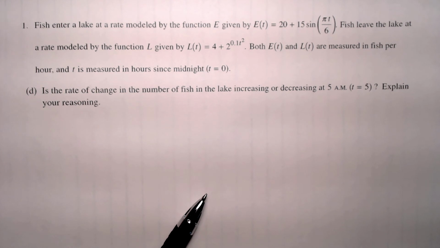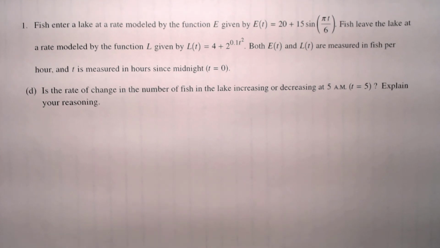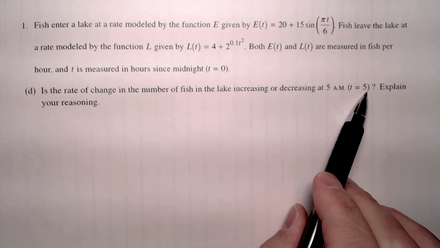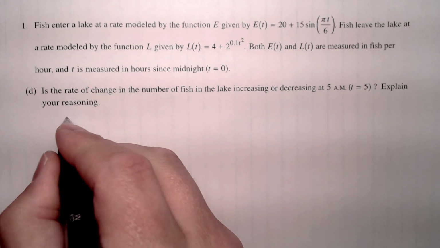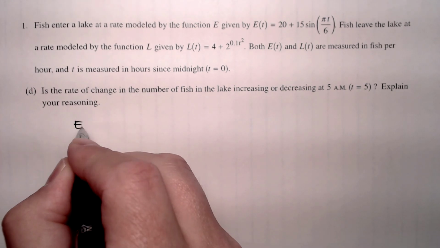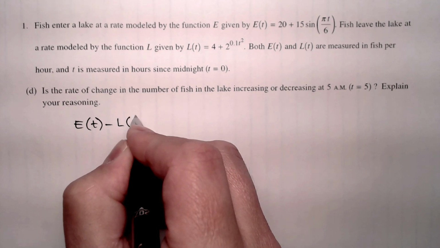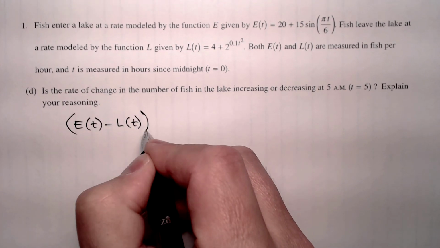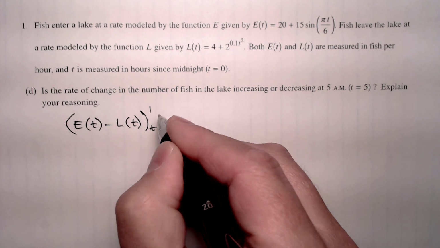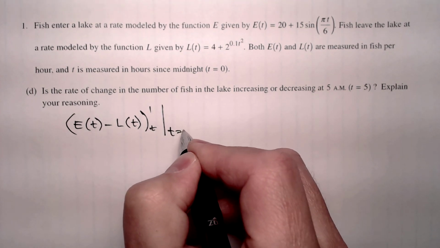Here we are being asked whether the rate of change in the number of fish is decreasing or increasing at time t equals 5. To find that, we need to calculate the derivative with respect to t of E of t minus L of t, and evaluate it at t equals 5.